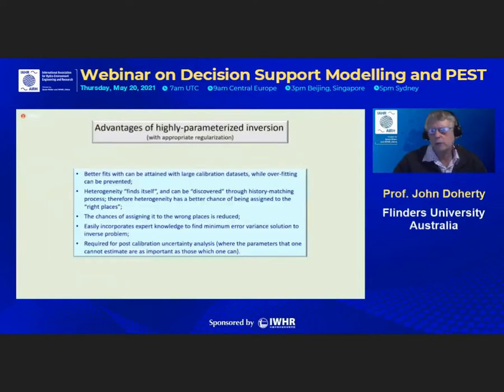The other thing, before we get on to another topic, is the fact that when we do decision support modelling, we have to live in a highly parameterised world. Now, in the old days, we were often told, don't use any more parameters than you need to calibrate the model. Parameter parsimony is the rule.